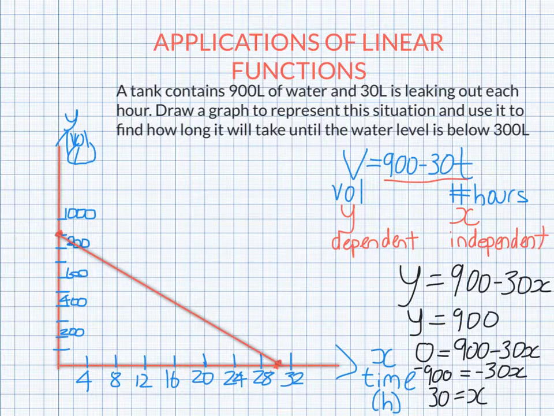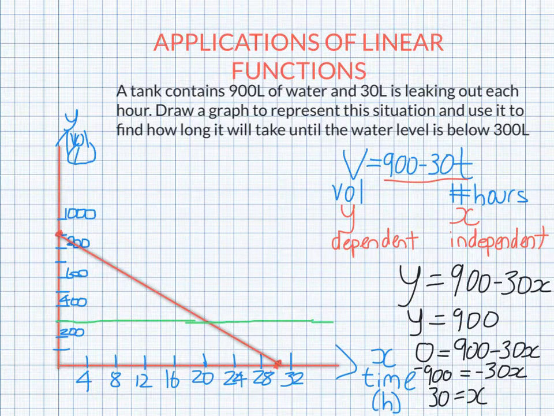I don't need to put arrows on this one because it's not going forever, because it won't keep losing water after it's empty. So I want to know how long it will take until the water level is below 300 litres. Well, 300 litres is this line here. If I go across like that, that there is 300 litres.